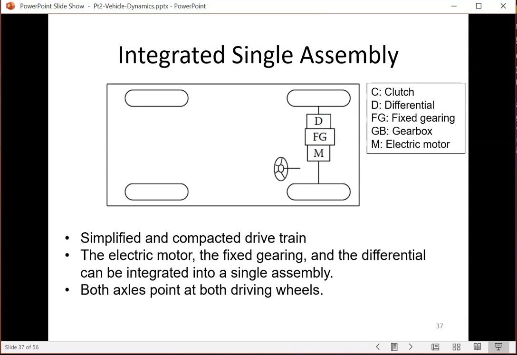Sometimes you can actually make the manufacturing process simpler by saying, right, I have a motor, I have the gearbox, I have the differentials, I can put everything in a single unit, in a single assembly, so you put everything together and it just fits onto the car.